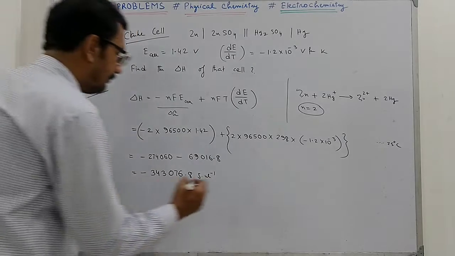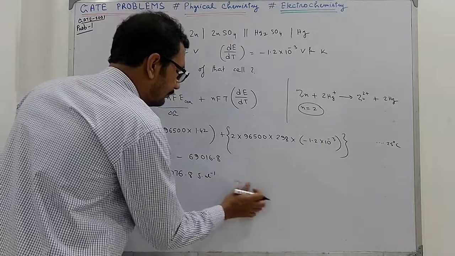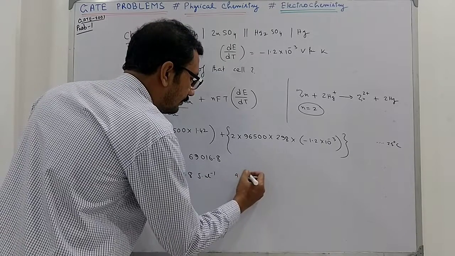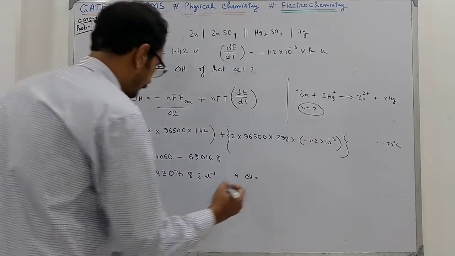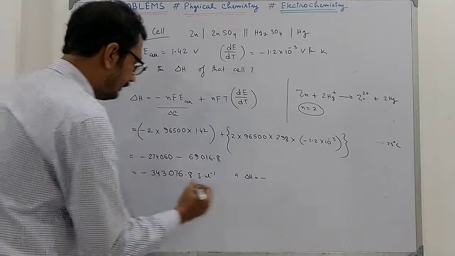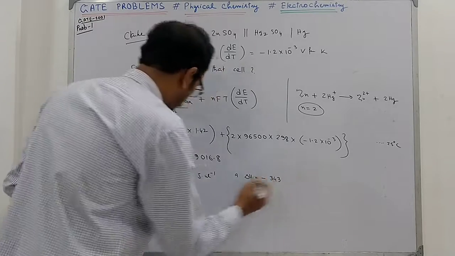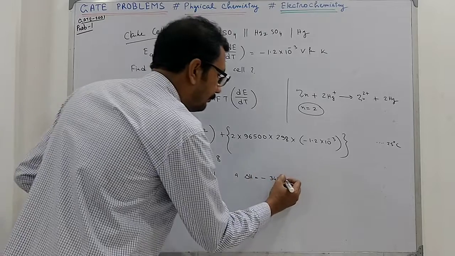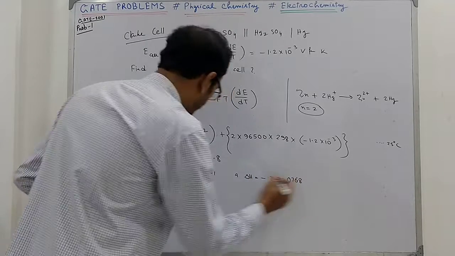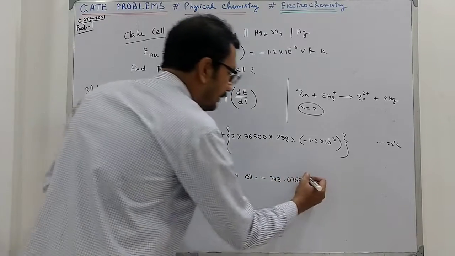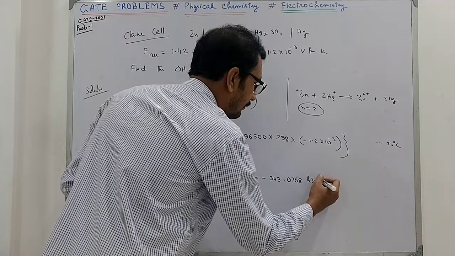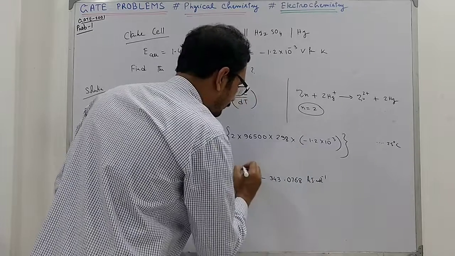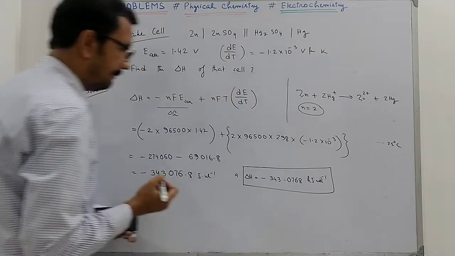So this is the answer. You can represent it in kilojoule, or ΔH equals minus 343.0768 kilojoule per mole. So this is the change in enthalpy.